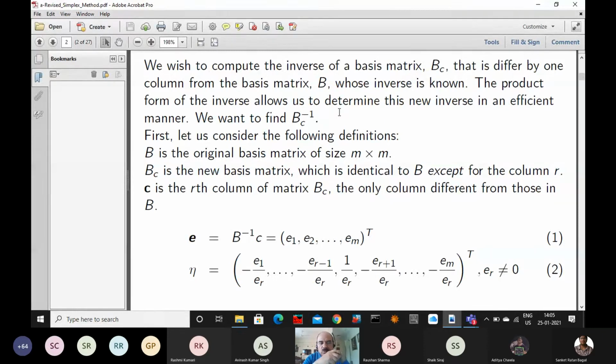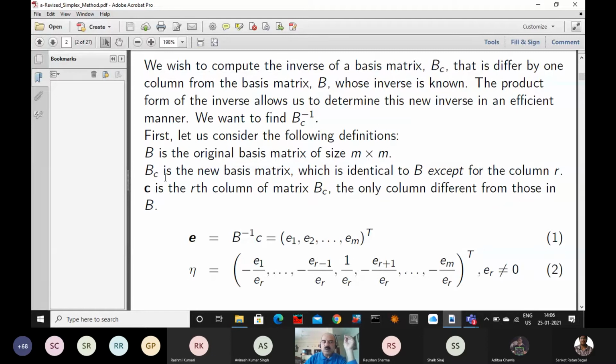We want to compute the inverse of the basis matrix with one column changed, that is BC inverse. When you compute BC inverse, what is our assumption? First, let us consider the following definition. B is the original basis matrix, let us say of size m by m. Initially it is an identity matrix.